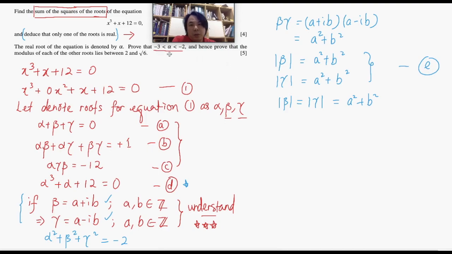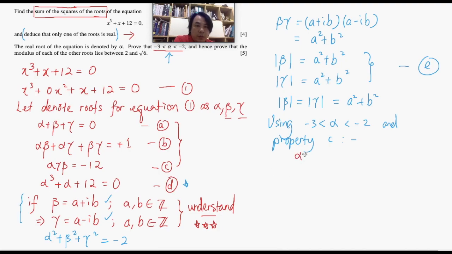I'm going to make use of the little result that we have proven just now, and property C. So using alpha more than -3, less than -2, and property C here. Using both of these, we're going to deduce the modulus. All right. Now, how are we going to do that? Okay, let me try this out.